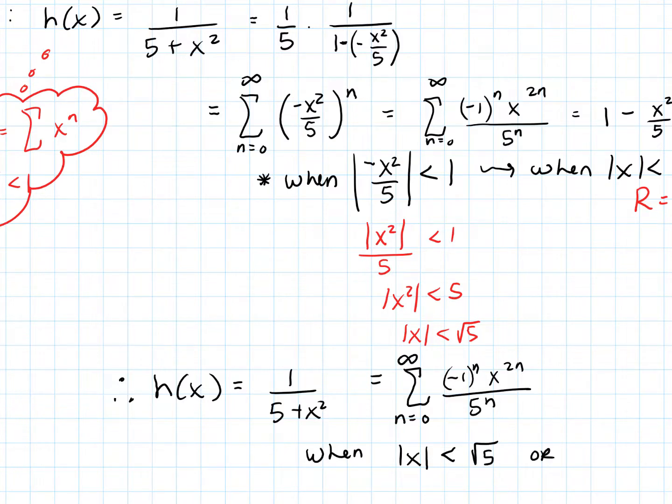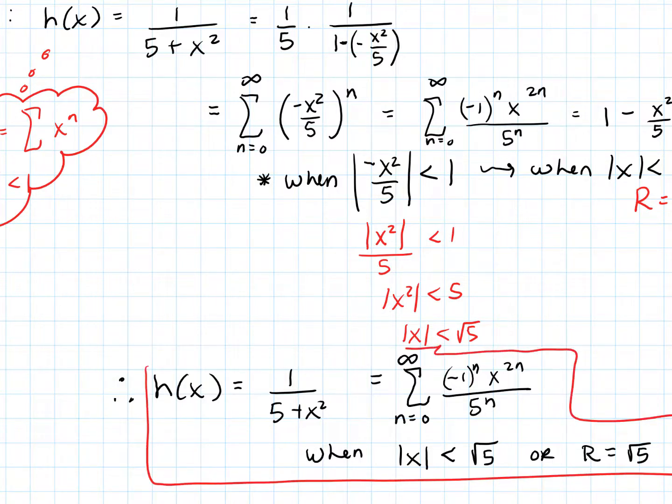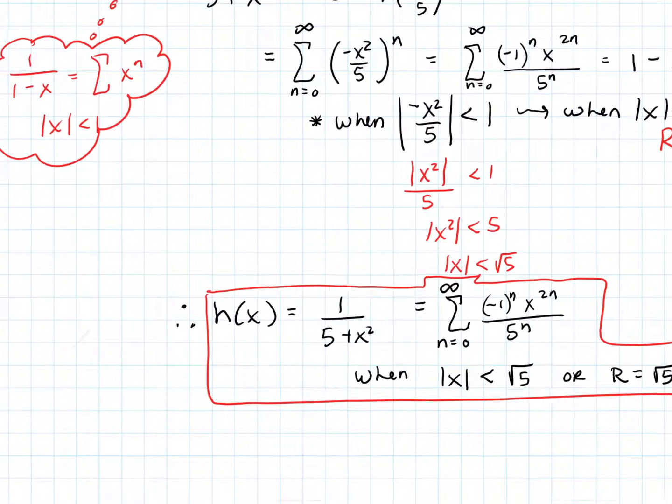Or another way to state that is that the radius of convergence is the square root of 5. And there we go.